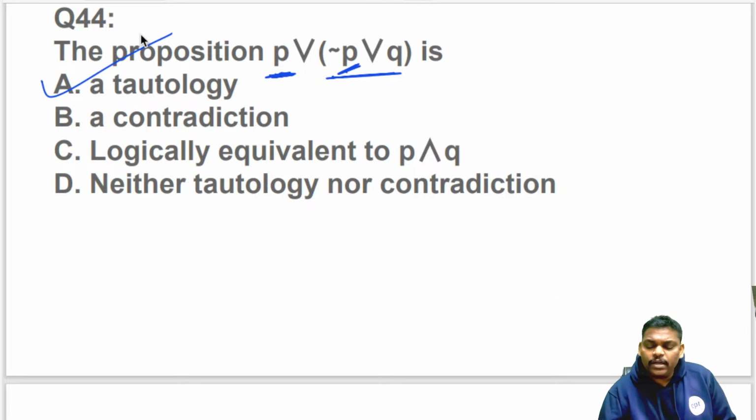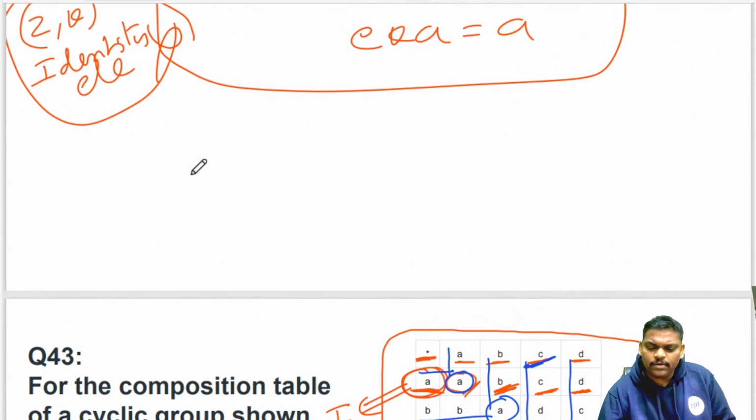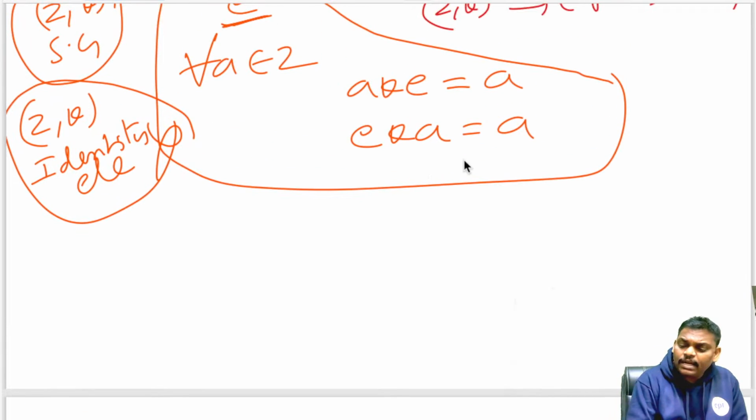Someone is asking how to find the inverse. Now see this one. After finding the identity element, let us assume the identity element is E. To find the inverse, it is like this.